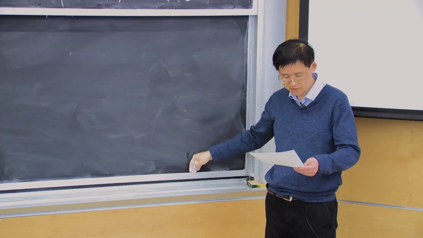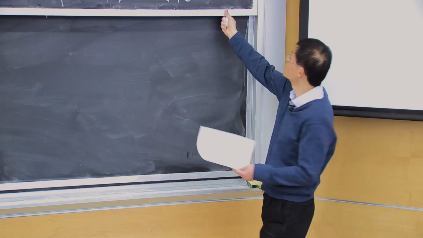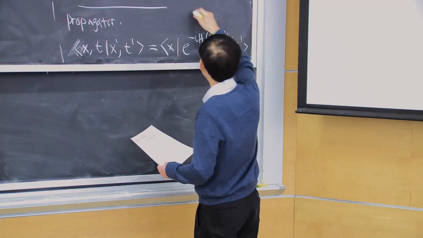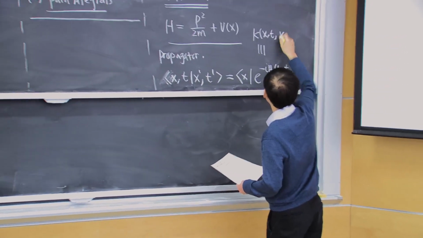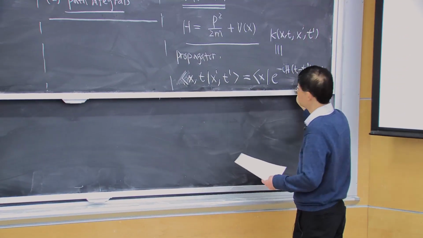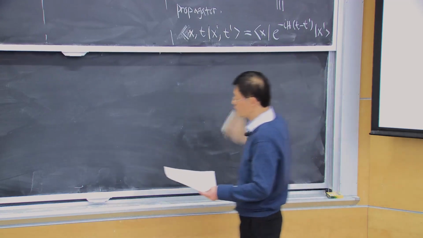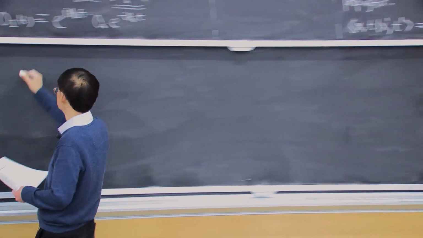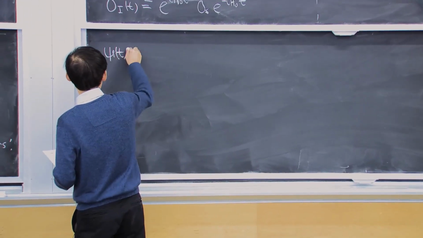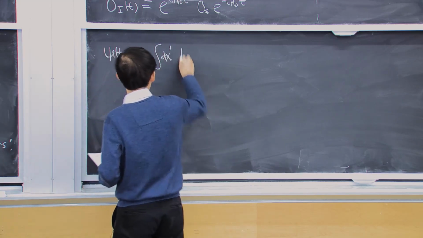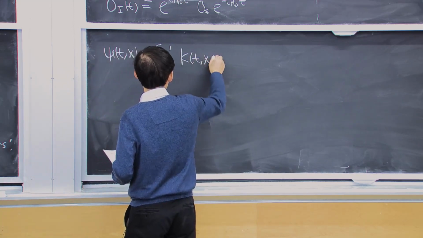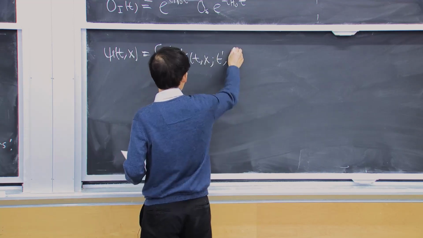Any questions on this? So let me call this object K, K(x, t; x prime, t prime). If you know the wave function at t prime, then the wave function at t, x can be written as the integral dx prime of K(x, t; x prime, t prime) times psi(t prime, x prime).